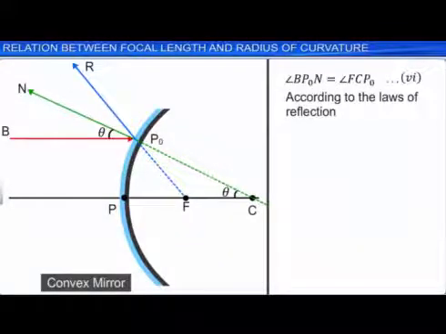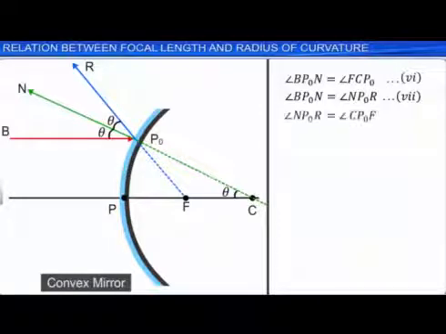According to the laws of reflection, angle BP0N is equal to angle NP0R. Let this be equation 7. Moreover, angle NP0R is equal to angle CP0F because they are vertically opposite angles. Let this be equation 8.